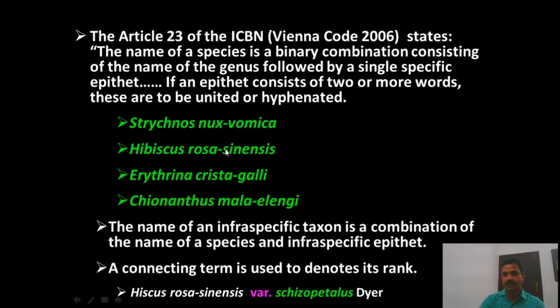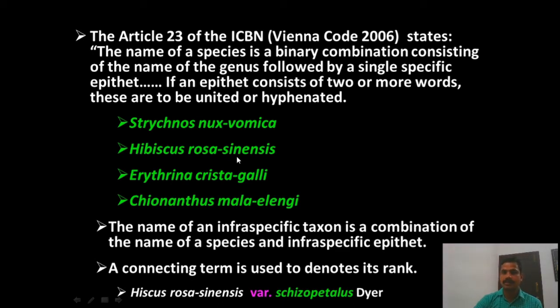So this hyphen is used to connect these two words, not to separate. This specific epithet is derived from two words connected by a hyphen. So this species name is considered as binomial, not trinomial or polynomial.